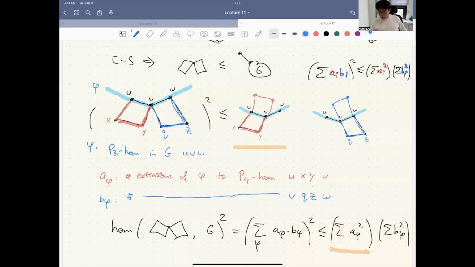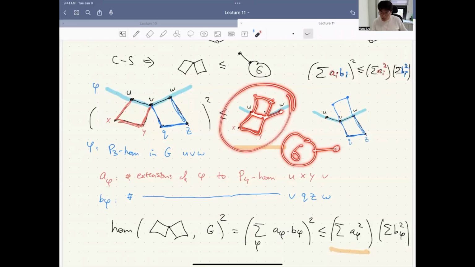Okay. And look at both sides. They are both a 6-cycle with a chord and a pendant edge. Every such homomorphism is a homomorphism of a 6-cycle with a chord, right? If you have a homomorphism of this guy, you get a homomorphism of this guy.